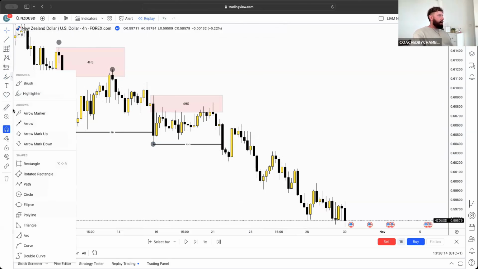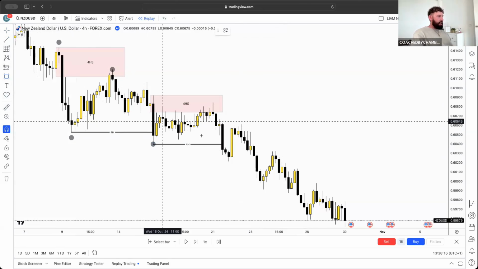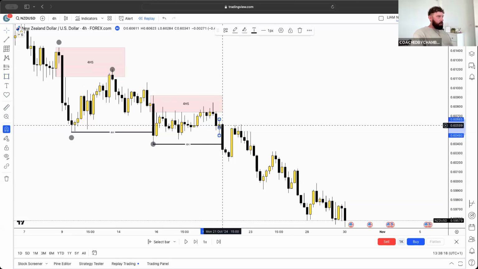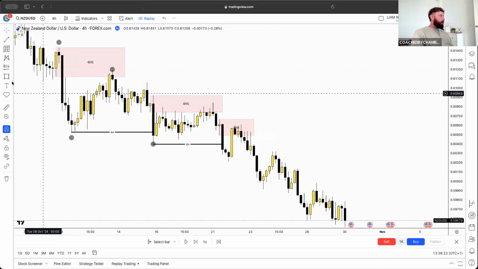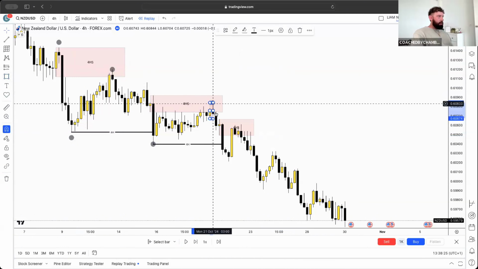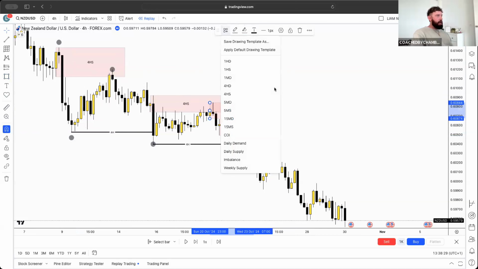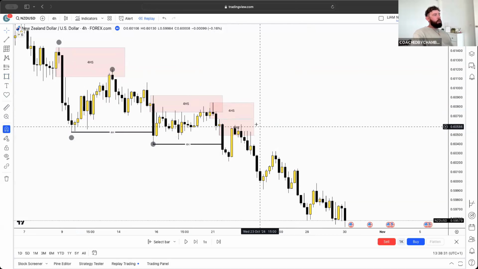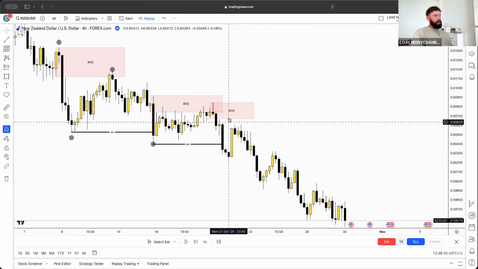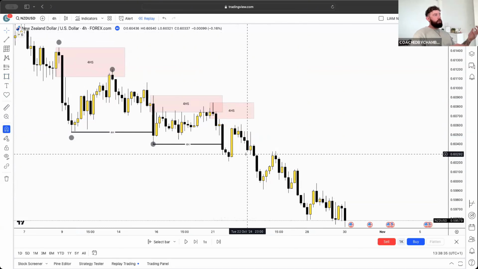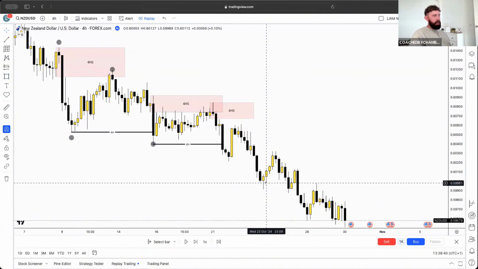Now, we naturally have two areas here. The two areas that catch my eye are this candle as a 4-hour supply, which is where we got the reaction from, and also this candle here. So these would have been my two supply areas, which I would have been happy to take. Because guess what, guys? If I don't mark out this one and I expect it to come into this, and I miss out on a trade idea, I've just missed out on making a lot of money, a lot of percentage.